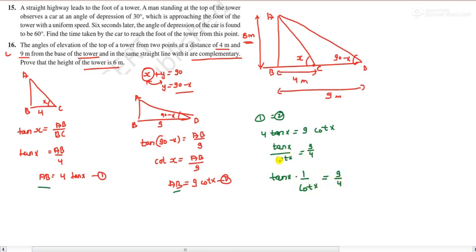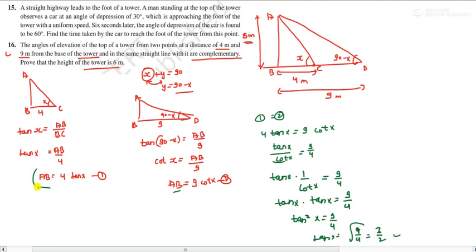Even this is tan x, and 1 by cot x is also tan x as per the rule. You know the relation between tan and cot, they are reciprocals of one another. So this is tan square x, which is equal to 9 by 4. So tan x will be root of 9 by 4, which is equal to 3 by 2. Square root of 9 is 3 and 4 is 2. So tan x is 3 by 2.